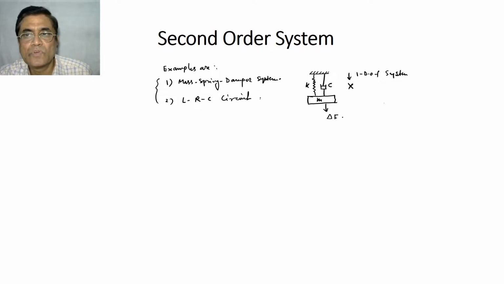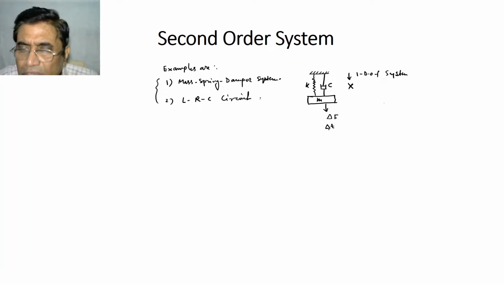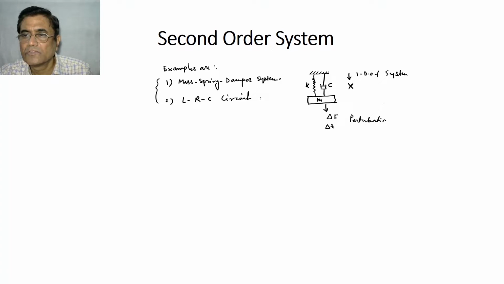a small force, for a very small duration, say delta t time, just like I hit it with an impulse, just a little force. This is called perturbation. So I am perturbed.